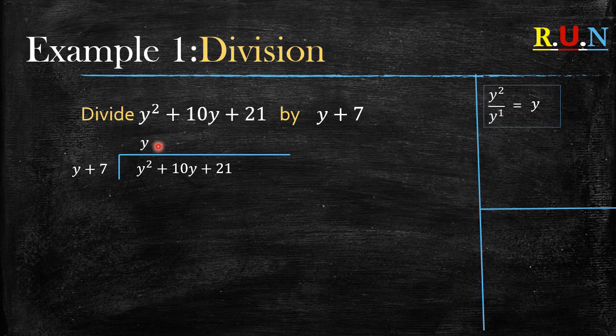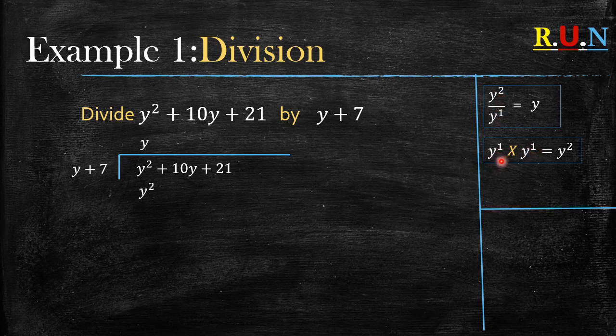Now we take that y, which is our answer, and as we are going down, we multiply it with this y. When you multiply y by y, what do you get? You get y squared. Maybe you are wondering how. When you divide, you subtract the exponents, but when you multiply, you add the exponents.